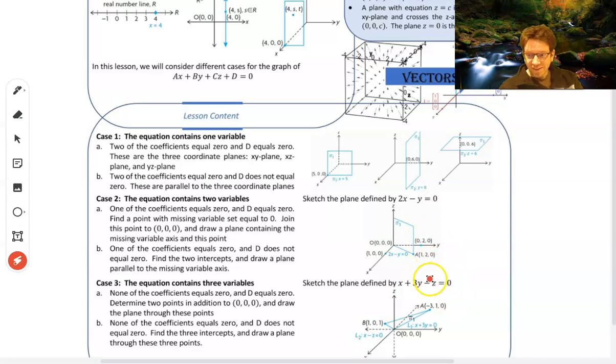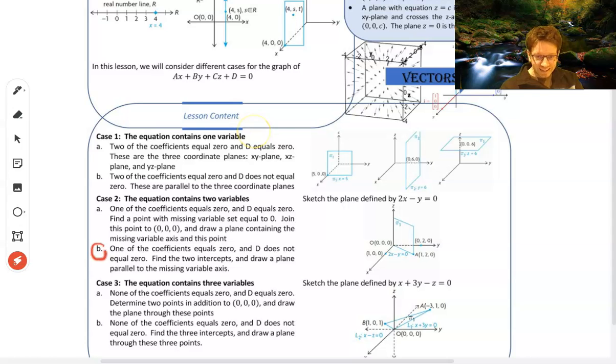All right, so let's find a point. Let's say x equals 1. If x equals 1, you can solve for y. Y would equal 2. So here's the point A, which is 1, 2, and 0. And then we're just going to connect it to the origin, and you're going to draw a plane parallel to that z-axis.